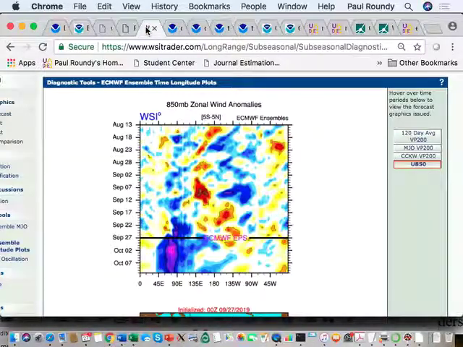Other models, this is the ECMWF product, which shows the westerly wind anomalies associated with this big westerly wind burst, the MJO event coming around right here, forcing westerly wind anomalies over the eastern Pacific.